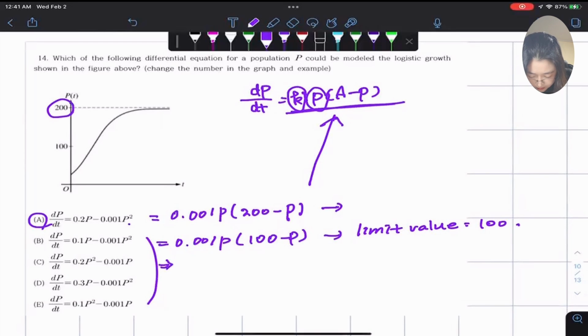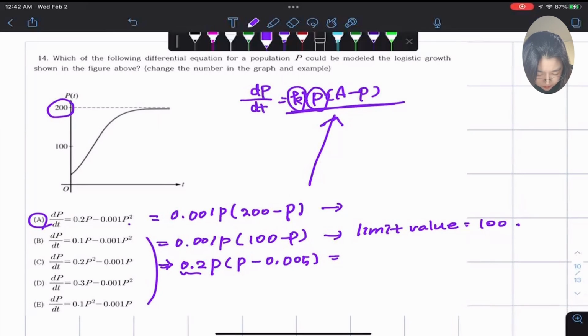In this case, extract 0.2, yeah, 0.2 P like this. This is 1 over 5, so the inverse number is 5. So multiply by 5 like this and extract the minus.